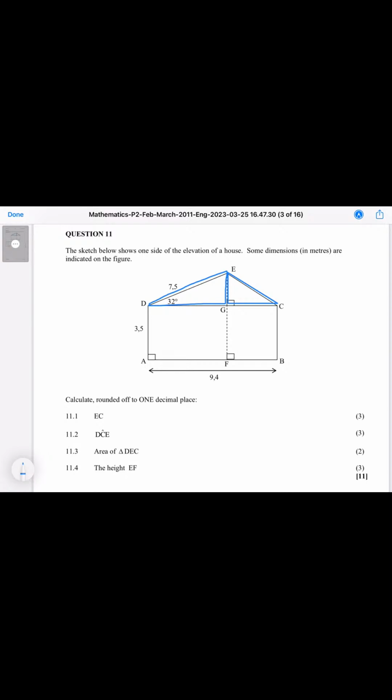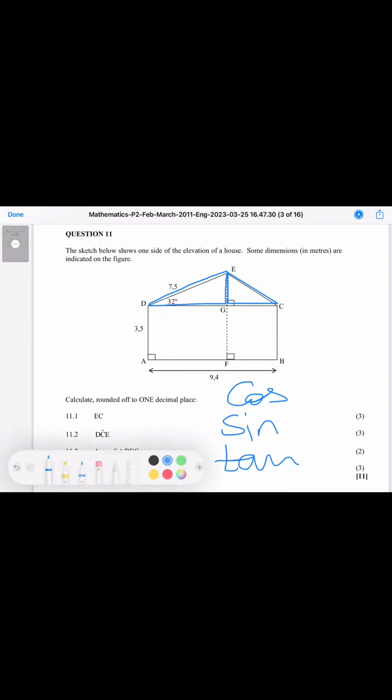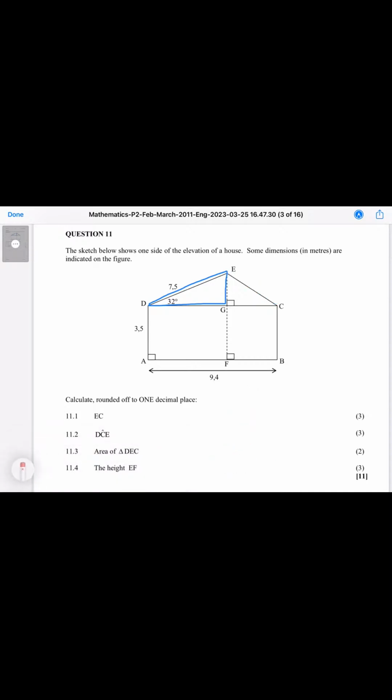What are the trig ratios? That's when we talk about cos, sine, and tan. These are the trig ratios. So very quickly, let me remove all of that, and then we look at the next part of that elevation.